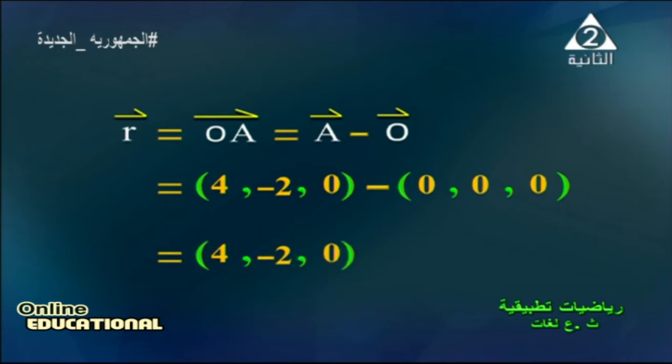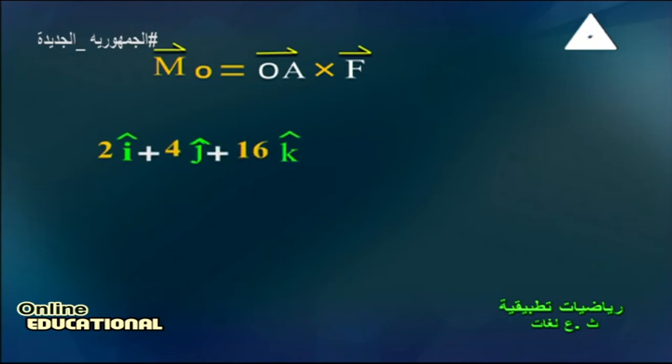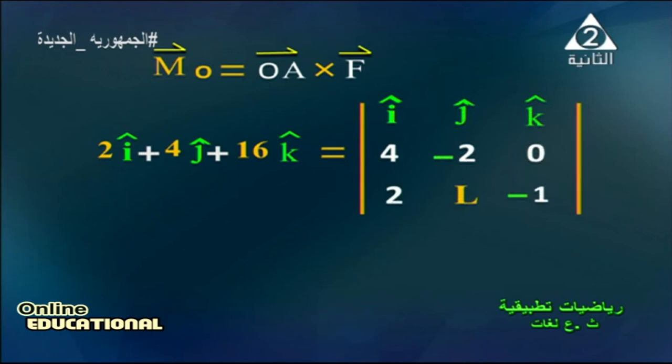Then vector R equals (4, negative 2, 0). Now, vector M about O equals R, or OA, cross F. Vector OA cross vector F equals 2i plus 4j plus 16k, which is the moment about O. Vector M about O equals the determinant of i, j, k; 4, negative 2, 0; 2, L, negative 1.